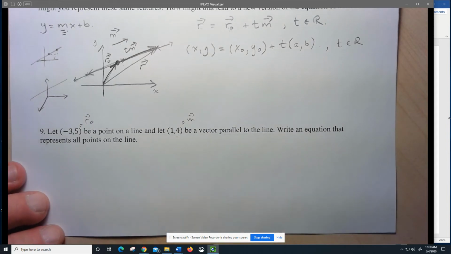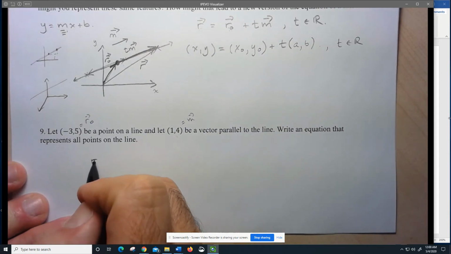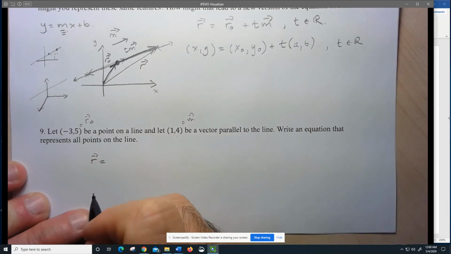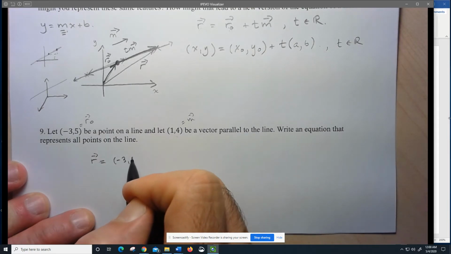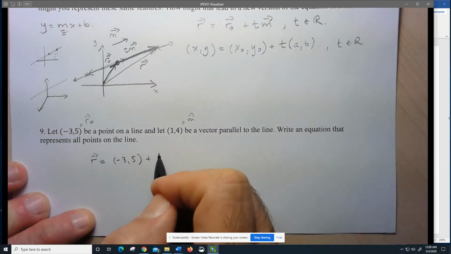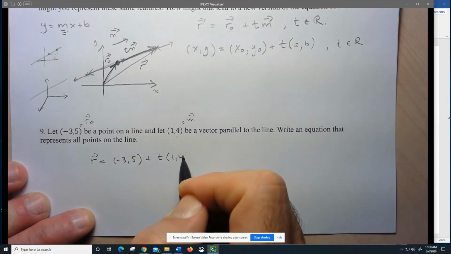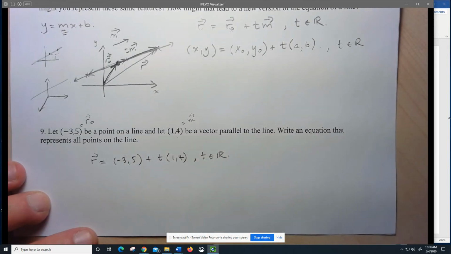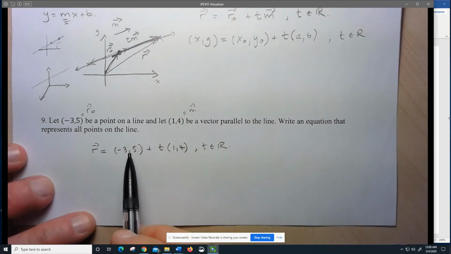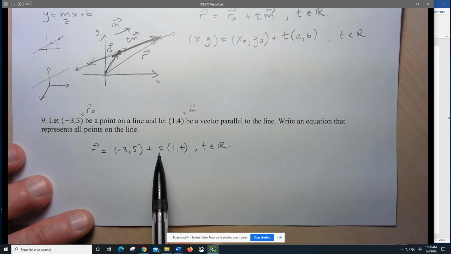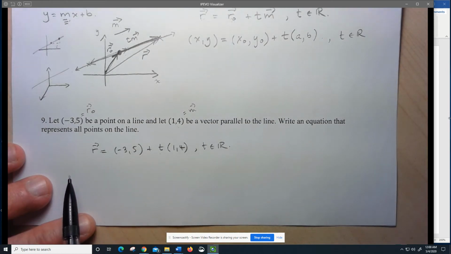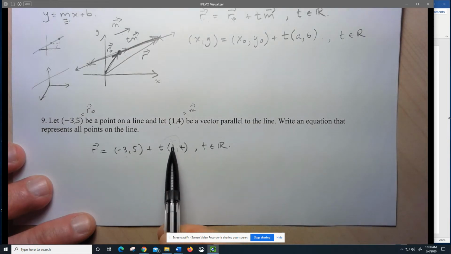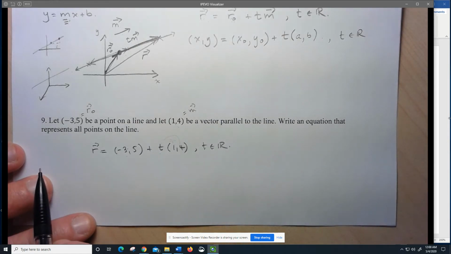So the equation that represents this line is just R equals my vector to my known point, negative 3, 5, plus t times my direction vector, where t is any real number. If I want to calculate different points on this line, I just choose different values of t. And of course, I can bring this all together by distributing t and then adding it to the vector to the known point.